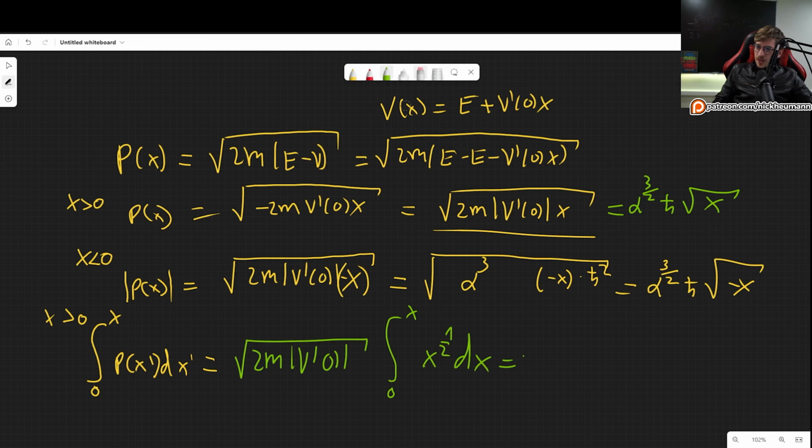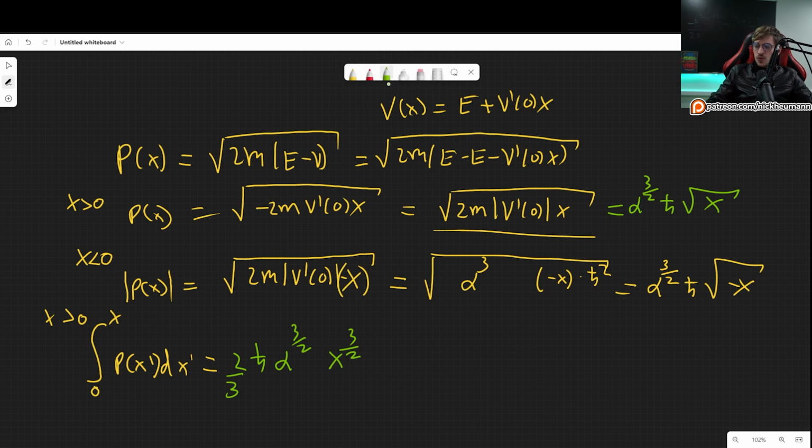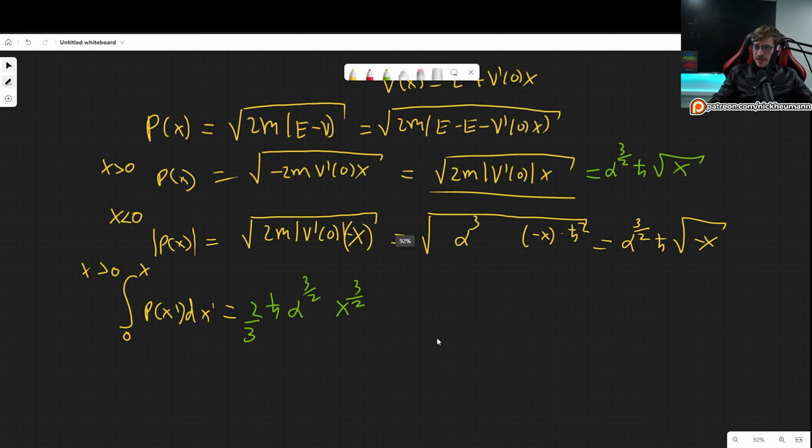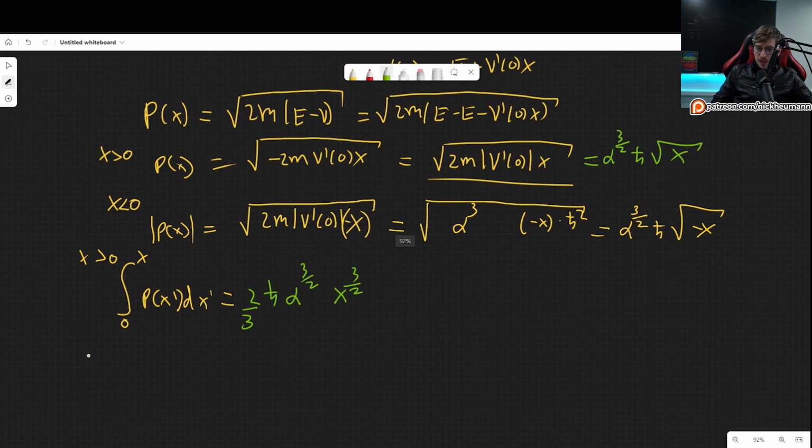Right, so this thing right here is h bar times alpha to the 3/2. Okay, and this integral right here, this is simple. That integral gives us 2/3 and x to the 3/2. All right, so again, I'm going a bit faster because this is something that we have already calculated in the previous video, and I don't want to repeat too much.